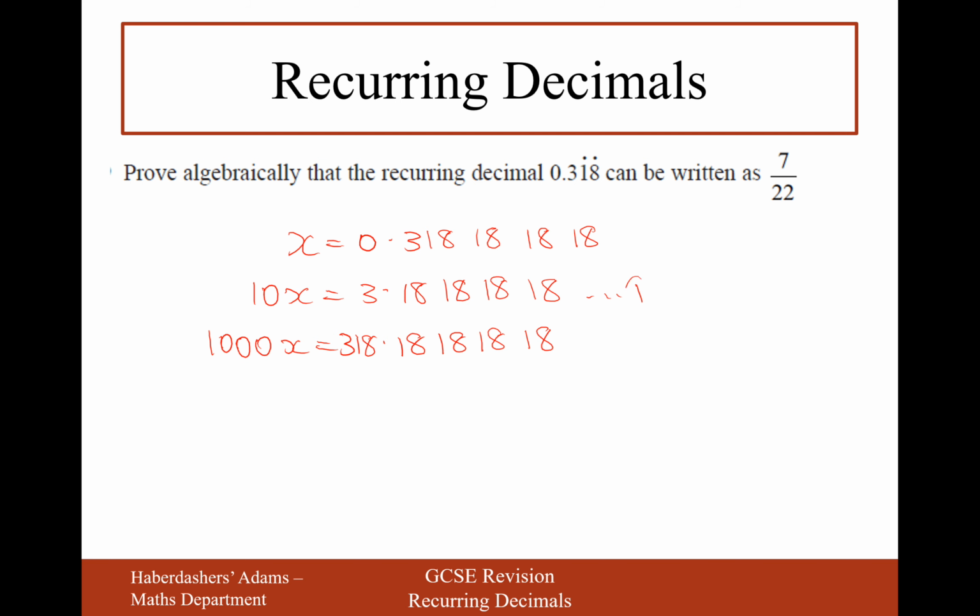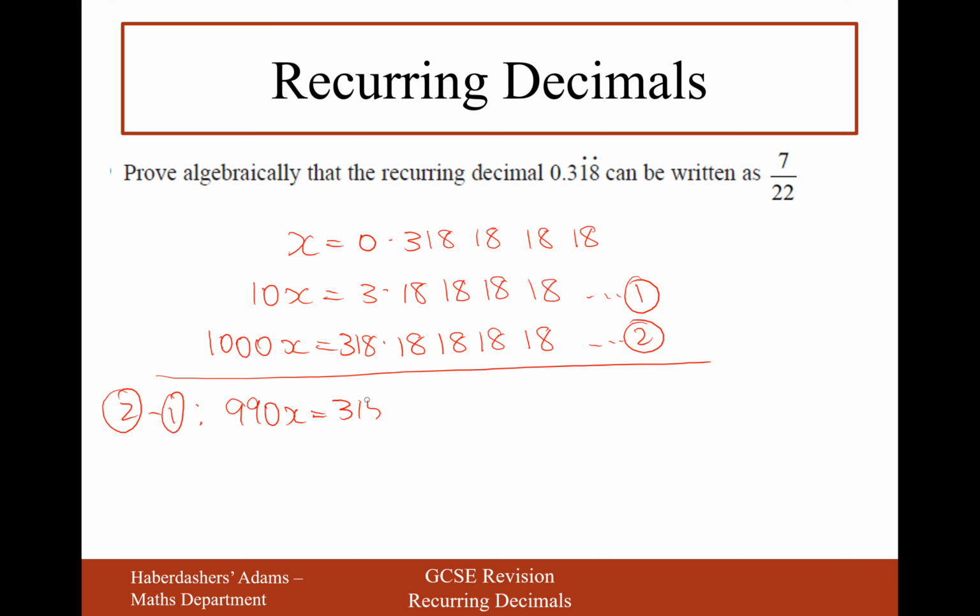Then I'll look at the second line and the third line and see that they cancel out. So it's going to be equation 2 take away equation 1, which would be 990x equals 315 with all the decimal positions cancelling out. Then divide by 990 and we get 315 over 990, and then on your calculator simplify this down to 7 over 22. And there we are, that's the answer for this question.